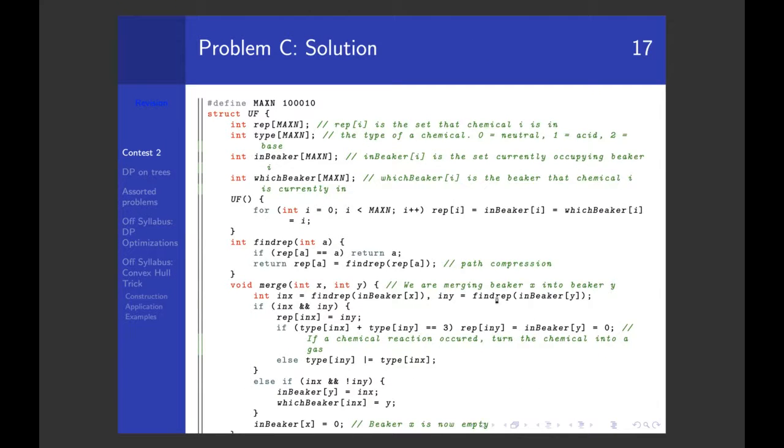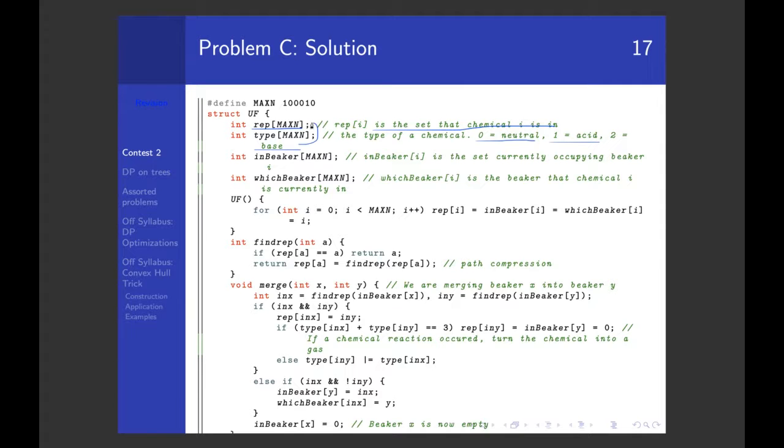This is some code, or at least the first part of some code. It goes on to the next page. So this is our union find. This is the representative, or the set that a chemical is in. So this is the set that chemical I is in. Here we have the type of a chemical. We're saying 0 neutral, 1 acid, 2 base.